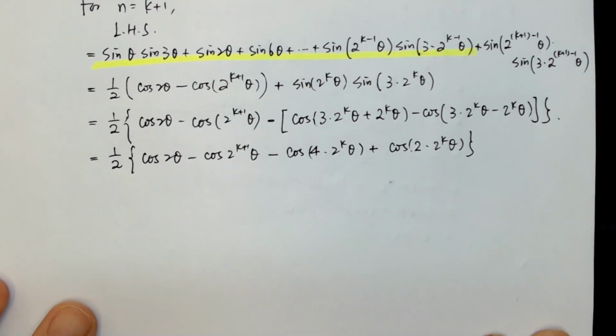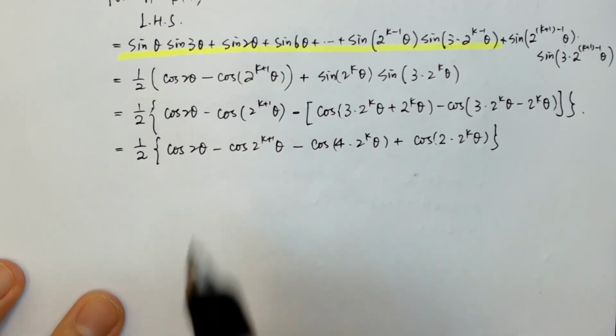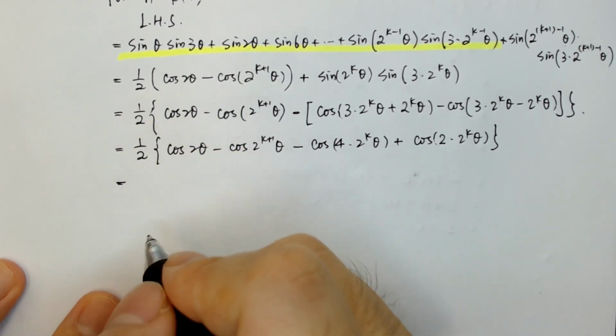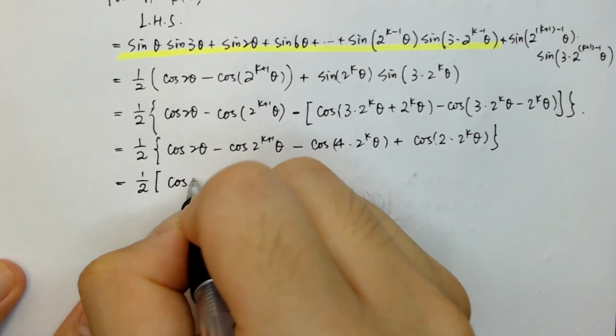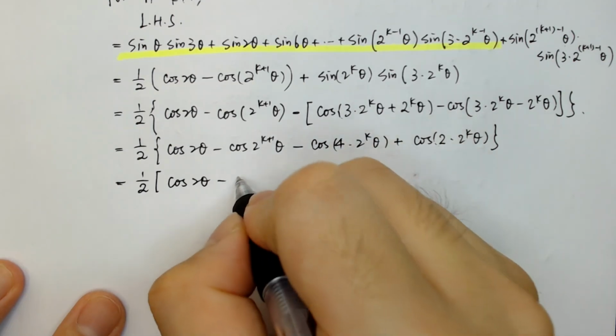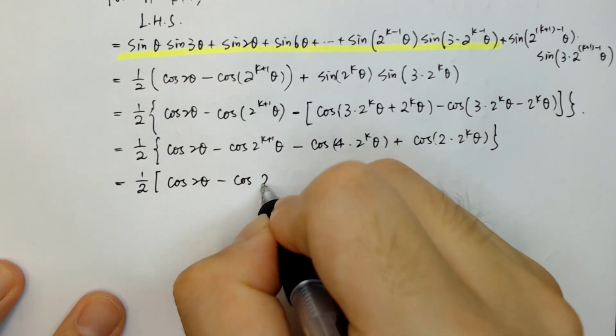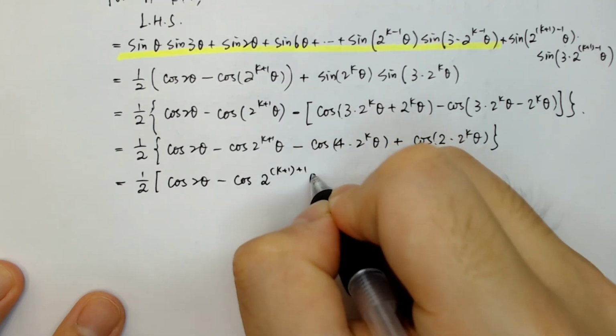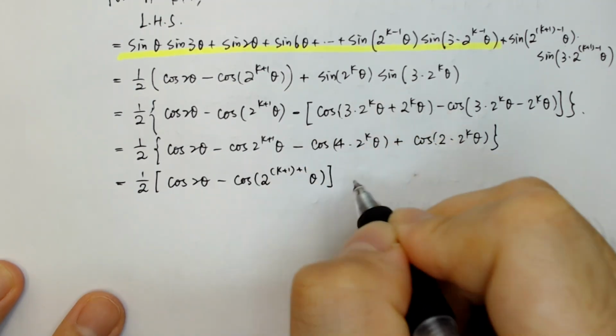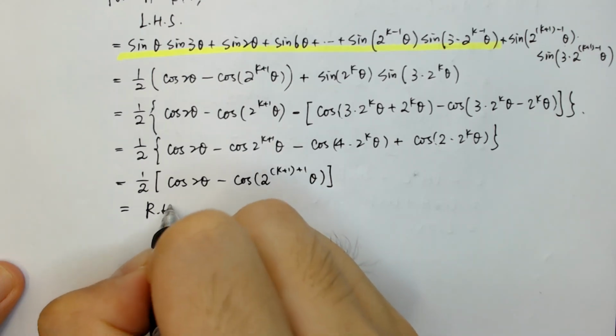But in order to complete a mathematical induction, we need to write it as k plus 1 and then plus 1. So in the end, we have cosine of 2 theta minus cosine of 2 to the power of k plus 1 plus 1 theta, which is the same as the right hand side.